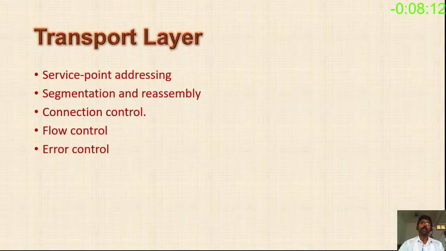One more job of the transport layer is that it manages the flow of data packets between computers across multiple networks. That means if more than one packet is transmitted from the source, the destination has to receive at the same speed. What is the meaning here?